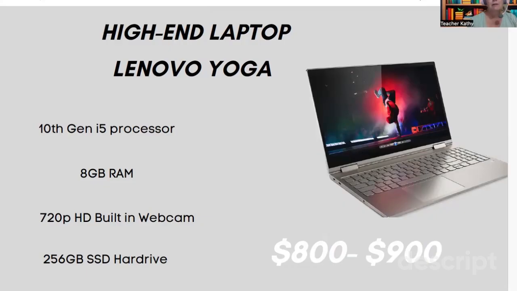And it's got a 256 gigabyte SSD hard drive. Okay, so it's got everything in that you need. And this goes between $800 to $900, okay, which is also not too bad. And if you think that this is going to be your business, you want to try and at least go for the middle of the range laptop to the high end of the range laptop.